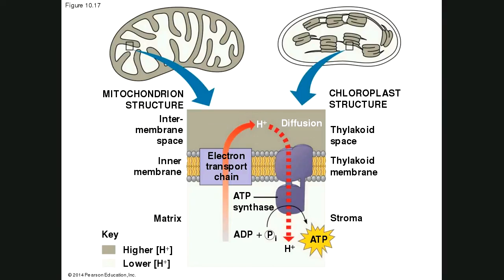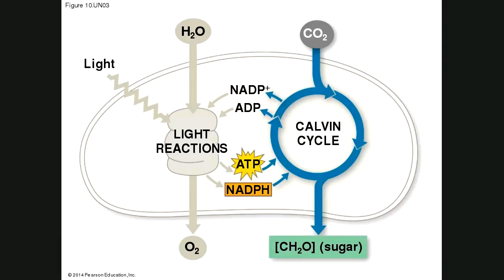Okay, so what we got here in the next step is we're going to take that energy that we used and that imbalance that we created, and we're going to take those electrons that this electron carrier's been gathering, and we're going to dump them into the Calvin cycle. And in the Calvin cycle, we're going to take carbon dioxide, a simple low-energy molecule, and create food, a much more complex, higher-energy molecule.